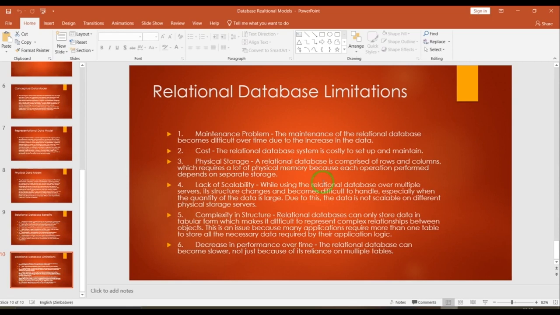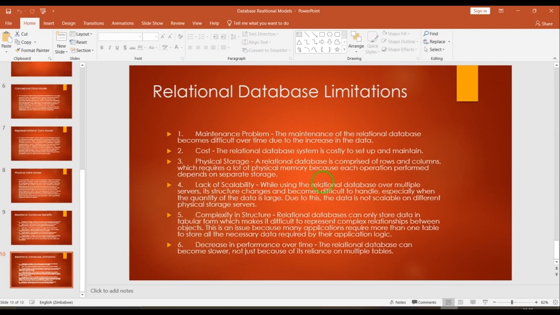Then, where there are benefits, there are also limitations. So what are the limitations of relational database? Firstly, maintenance problem. What do you understand by the word maintenance? If something becomes a problem, what does that mean?